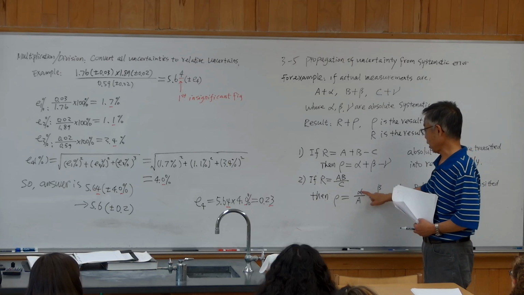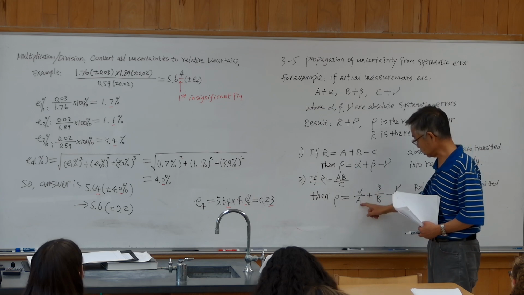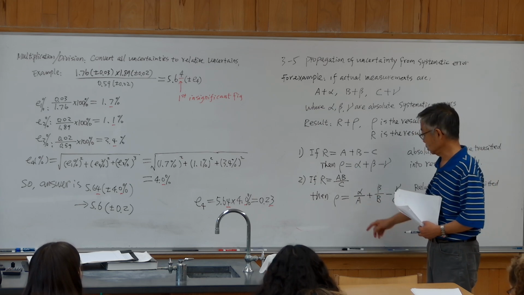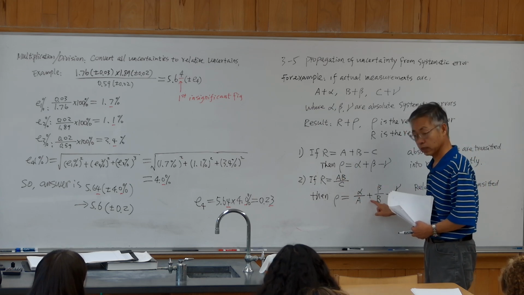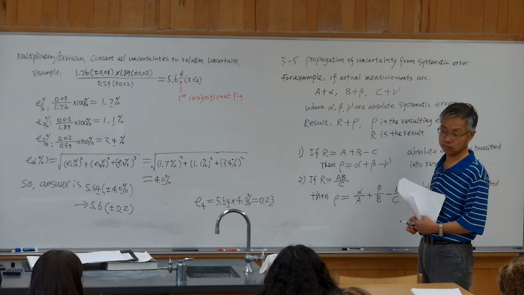Convert absolute error to relative error: absolute error divided by value. If multiplication, then the error is addition. If division, then the error is minus.